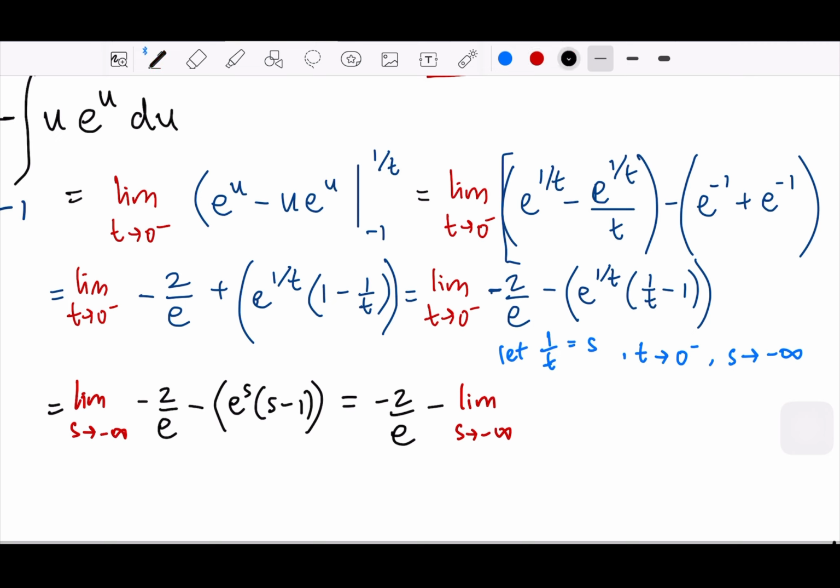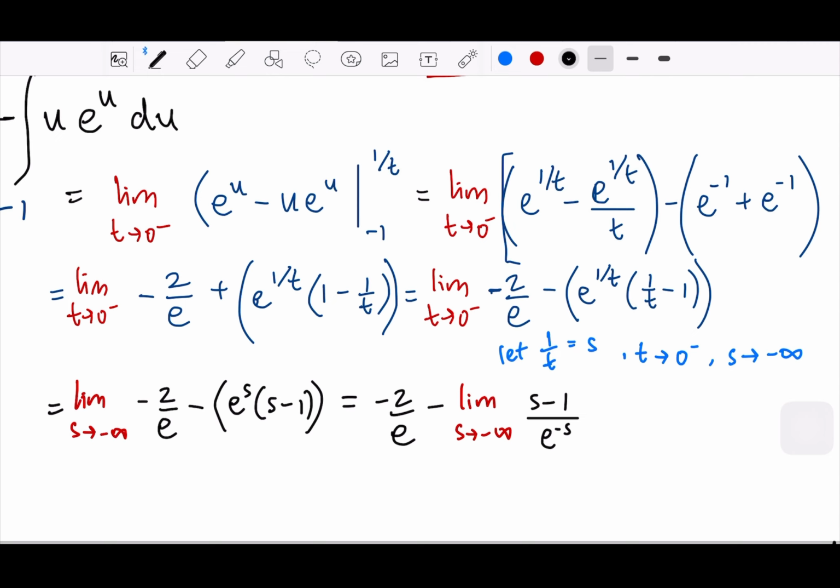And then we can write the s minus 1 over e with power of negative s. And then what will happen?